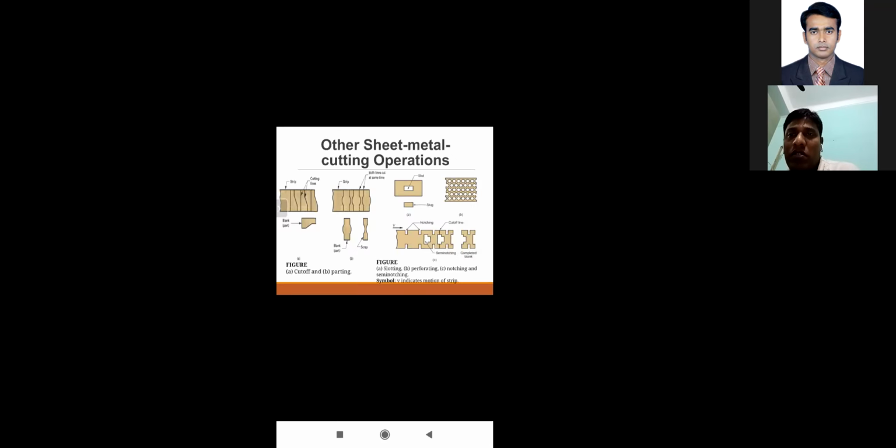Here TS is equal to the ultimate strength of the metal. There are several pictures for cutting operations like cut off, parting, slotting, perforating, notching, semi-notching.